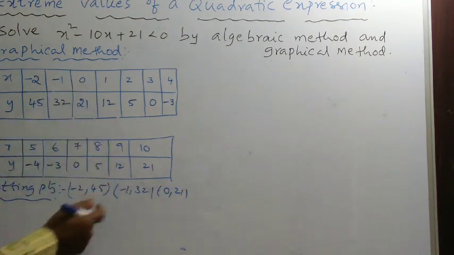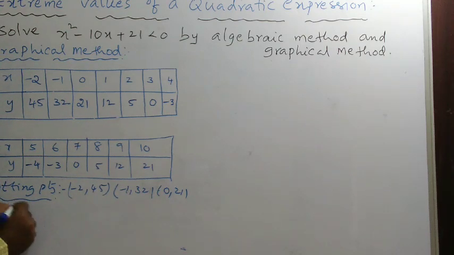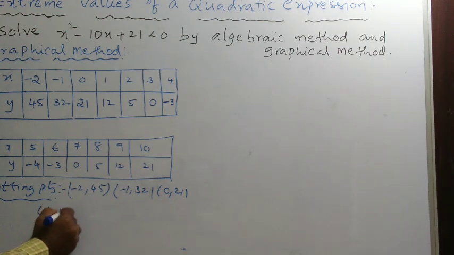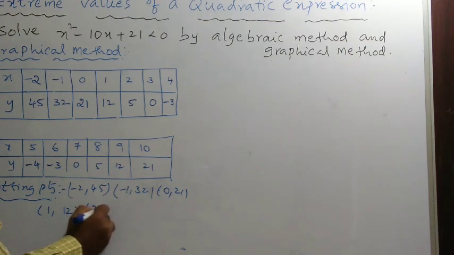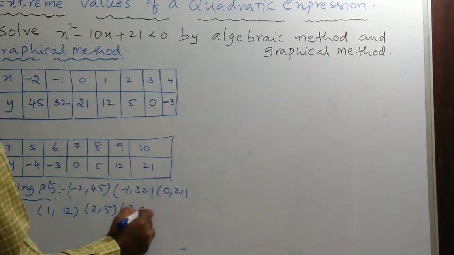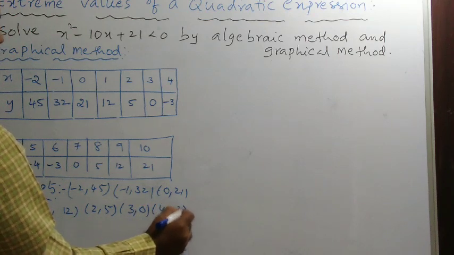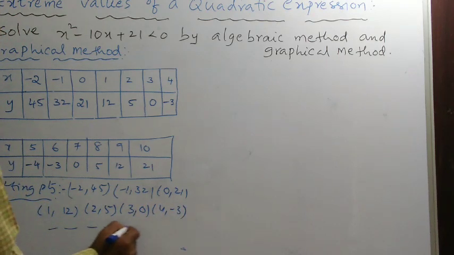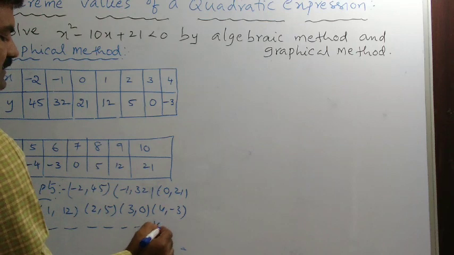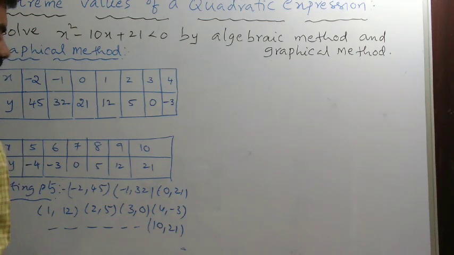We need to consider the combination of x comma y. That is 1 comma 12, 2 comma 5, 3 comma 0, 4 comma minus 3, and so on. Finally, the last one is 10 comma 21.